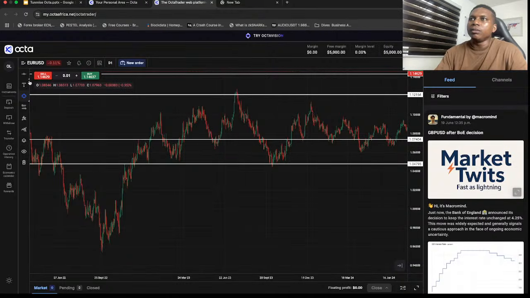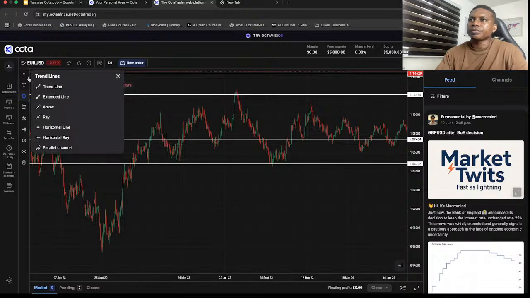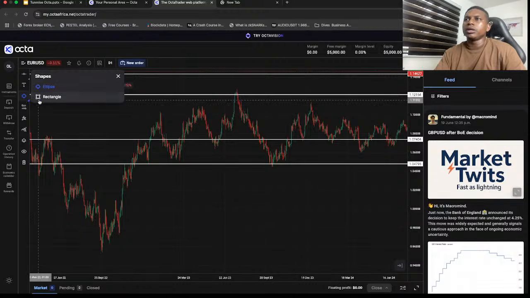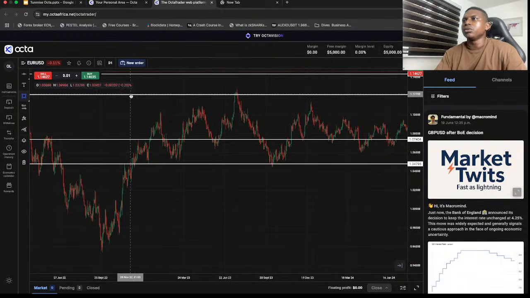Let me get a shape. Okay, look at something like this.